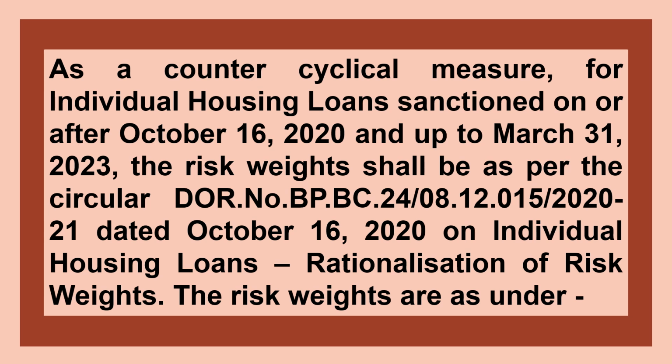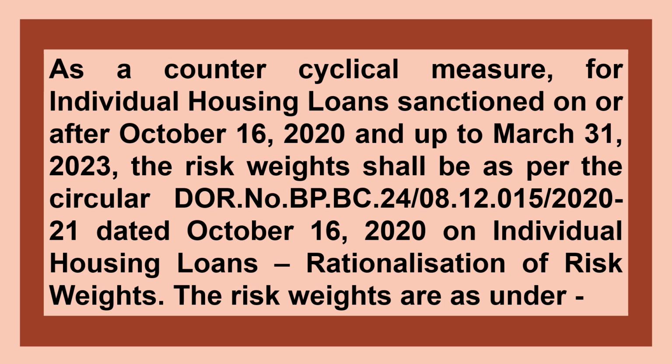As a countercyclical measure, for individual housing loans sanctioned on or after October 16, 2020 and up to March 31st, 2023, the risk weights shall be as per the circular DOR.No.BP.BC.24/08.12.015/2020-21 dated October 16, 2020 on individual housing loans, rationalization of risk weights.